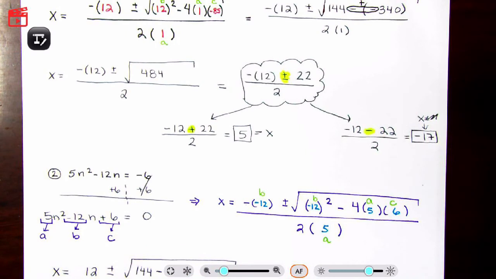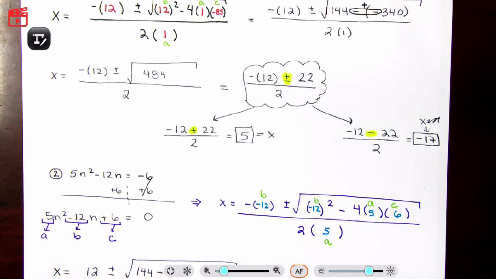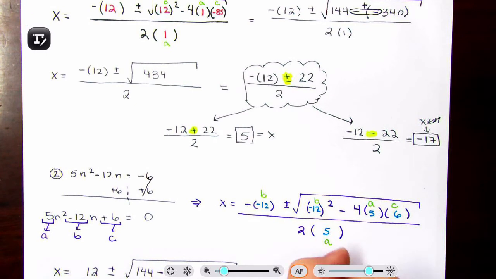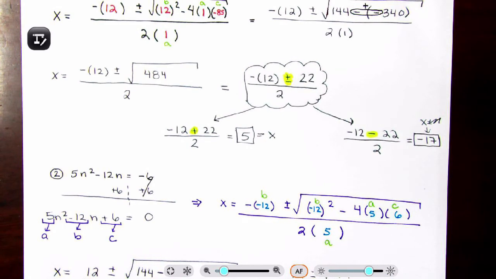Minus 4 times 5 times 6, that is 120, divided by 2 times 5 is 10. 144 minus 120 gives me 24 divided by 10.